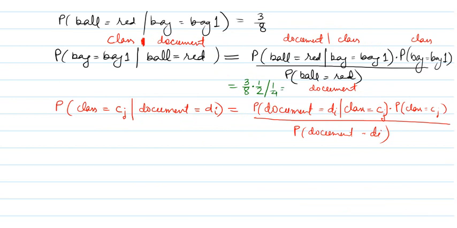So this is equal to 3 into 4 divided by 16, so 12 by 16, so that is 3 by 4. So this value we are getting for this probability with the help of this Bayes theorem, right?